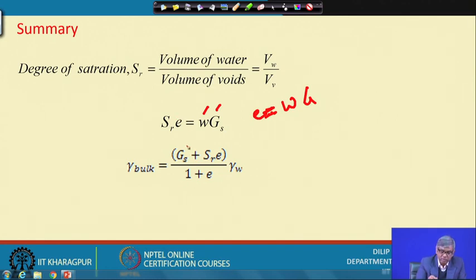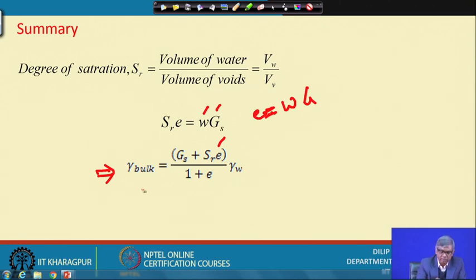Using specific gravity, degree of saturation, and void ratio, there is an equation for unit weight, and if you remember this bulk unit weight equation, it can be utilized for different cases. Like if Sr equals 1, saturated, then I can get the saturated unit weight. If it is dry, Sr equals 0, then it can be modified to give the dry unit weight. Similarly, I can find out the submerged unit weight.